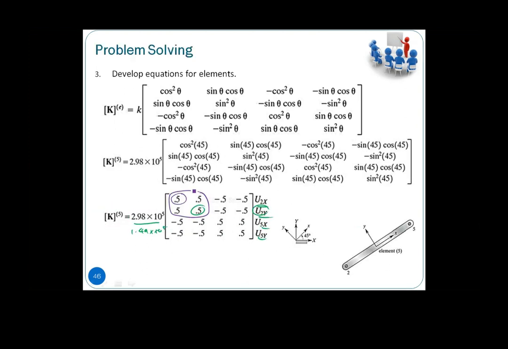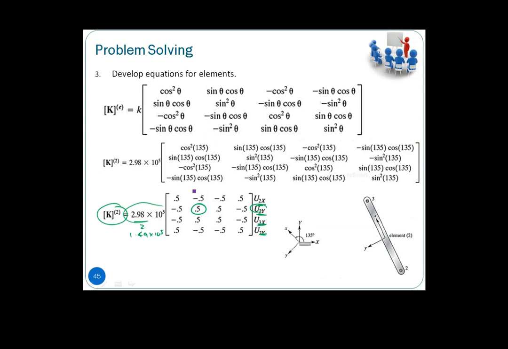Then if you look into 2x, 2y, then you look into element number 2. Okay, then we have a positive u2x. Then here you have this negative.